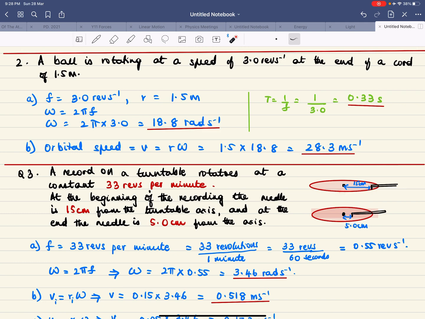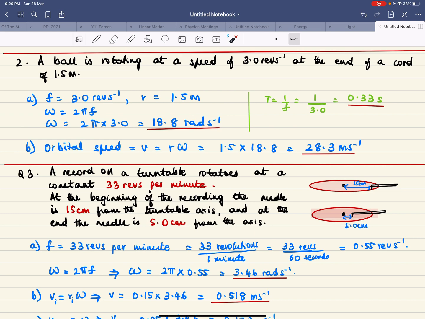This record has grooves, concentric grooves all around, and the needle goes along the grooves. At the start of playing the music, it's 15 centimeters from the radius, and at the end of the song, it's only 5 centimeters from the radius. So that's what it means.